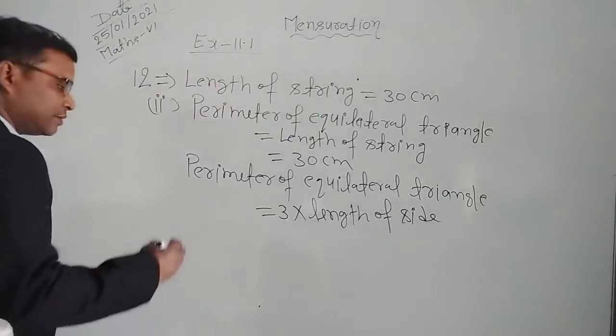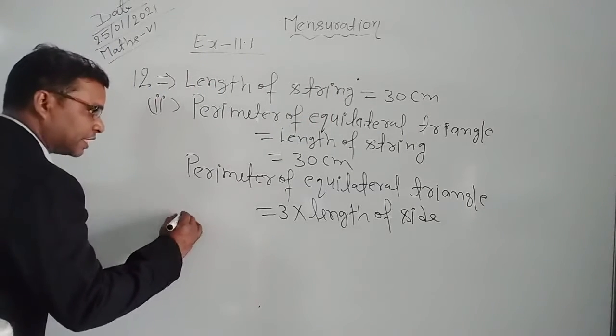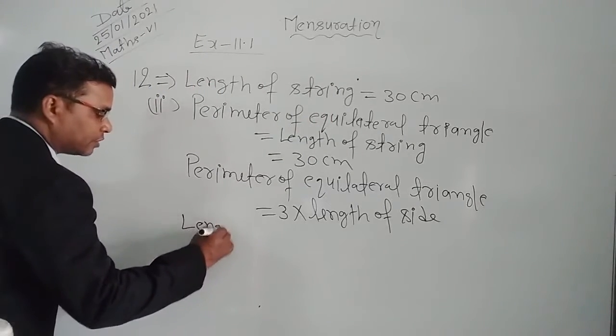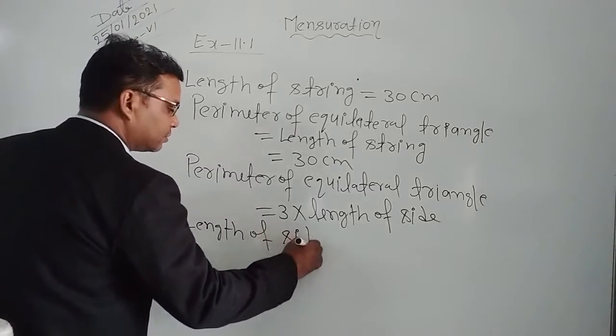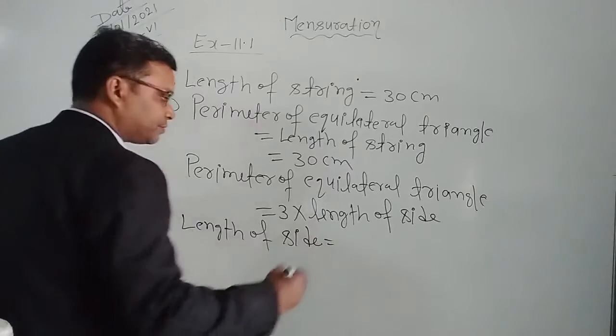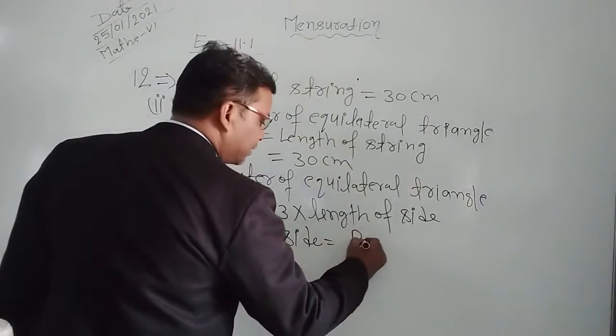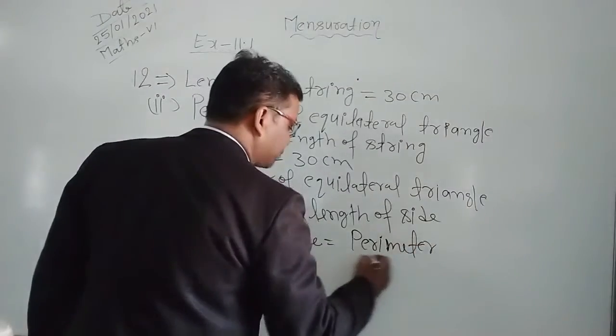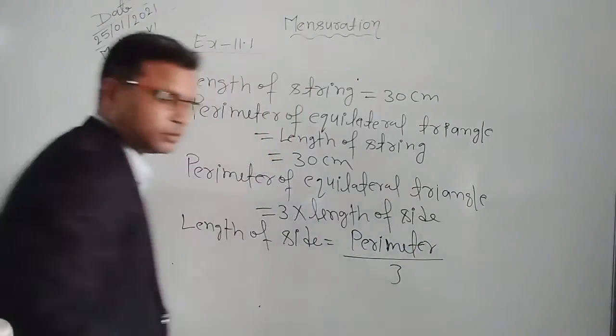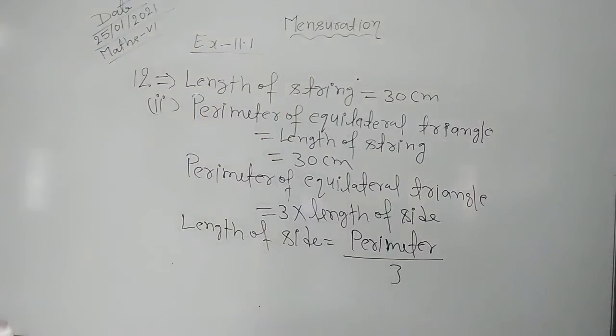So length of side is equal to perimeter by 3.